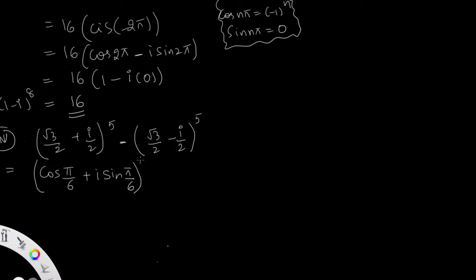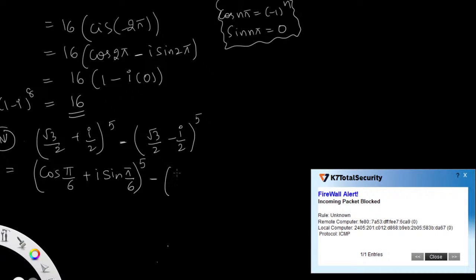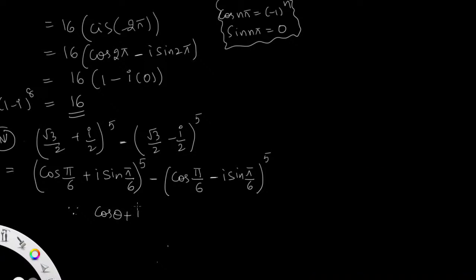This is to the power 5, and similarly in between there is a minus, so we write cos pi by 6 minus i sin pi by 6 whole to the power 5. Now as per the cos theta plus i sin theta whole to the power of n formula, that is De Moivre's.